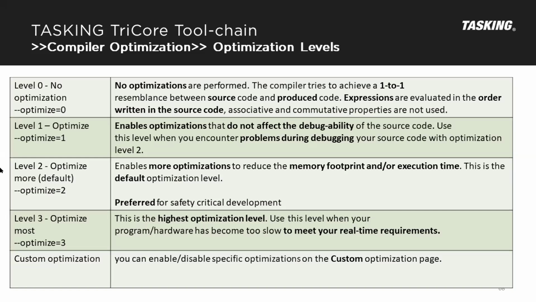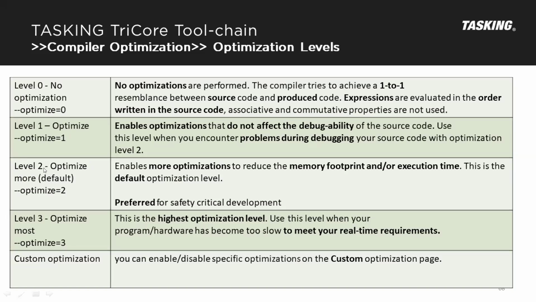If you decided for level 2 optimization and you end up with some debugging problems, it makes sense to go one level less in terms of optimization. So I will select level 1 optimization, and hopefully this debug-related problem will go away.